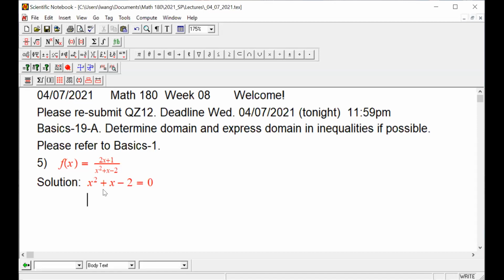Why? Well, I don't know. It probably is because we know everything about quadratics, right? And you can also use the curve. We have covered quadratics. So this is one of those quadratics.